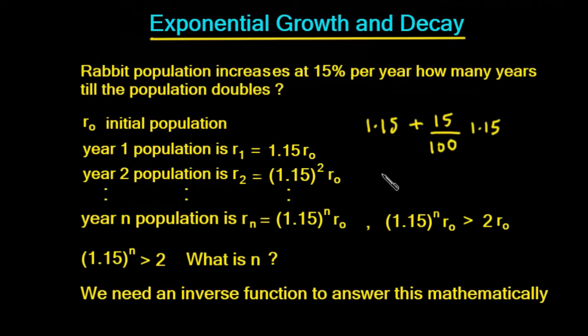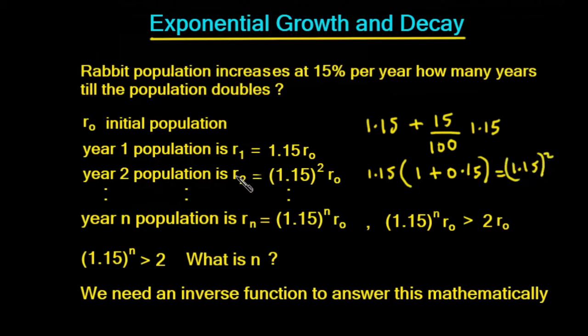So we're adding 15% on to the new population, which is now 1.15. If we take out the common factor of 1.15, we're left with a value of 1 plus 15 upon 100, which is 0.15. That gives us 1.15 times 1.15, which is equal to 1.15 squared.